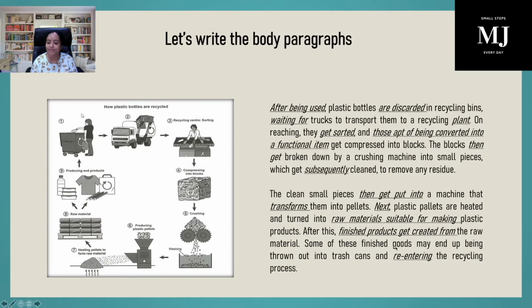So some of these finished goods may end up re-entering the recycling process. So they will again come to stage 1 and the cycle will start again. Getting my point? This is how we have to compile everything, we have to write everything in fewer words and explain the entire set of stages.